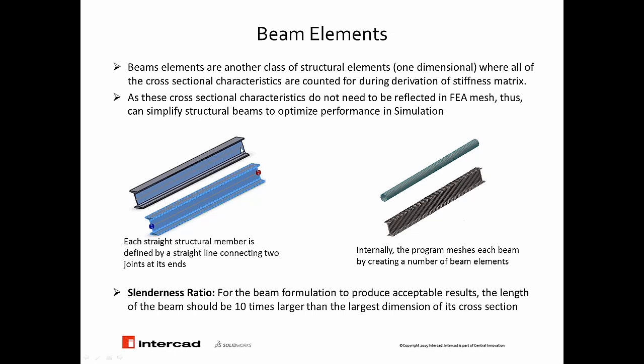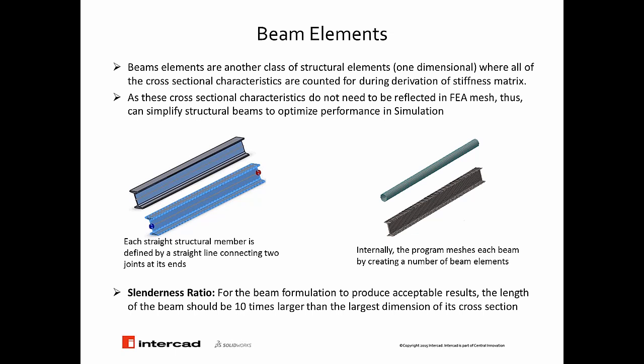Therefore, using any beam elements, you are going to represent your structural member with a line and 2 joints created at the end, and you are going to tell the software how your beam elements are joining with those joints, and also the cross-sectional properties which are going to be assigned to that. Terms of cross-sectional properties and joints are what we are going to talk about more in the next slides.